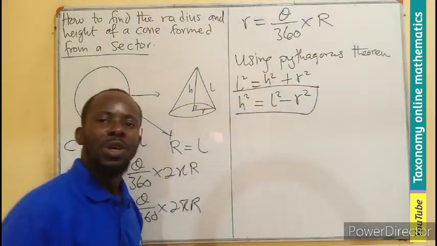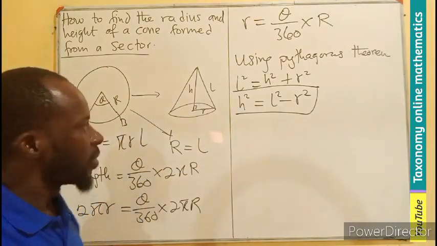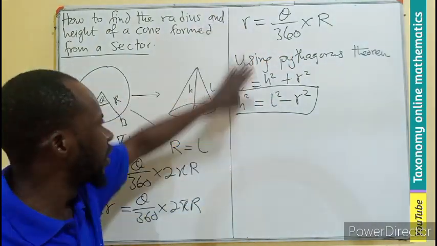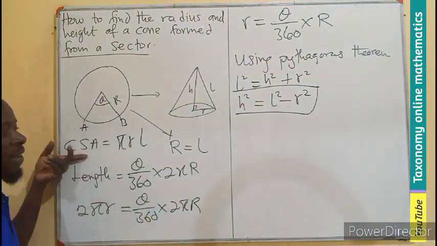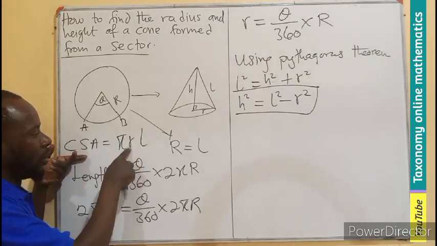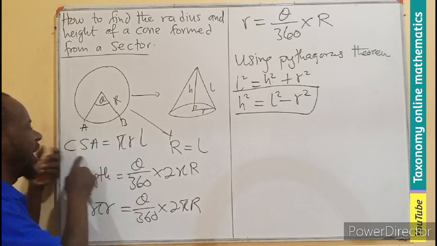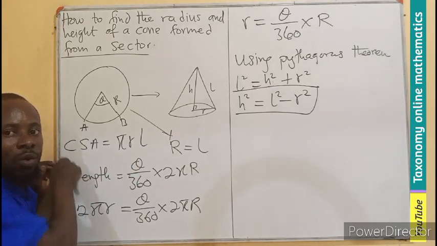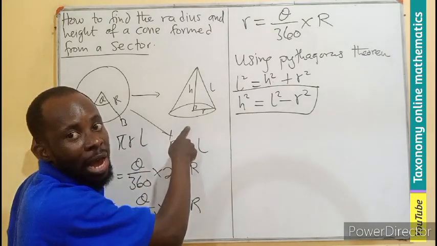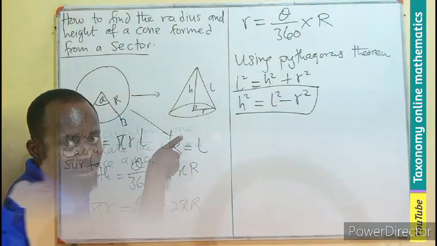If you use this, you can find the height. The radius can be found. The moment the radius is found, the total surface area can also be found, which is the curved surface area. I am saying total because this is a hollow cone. I believe you get it.